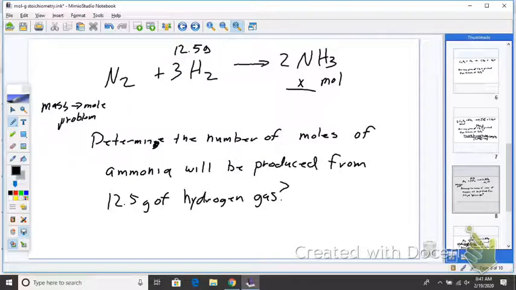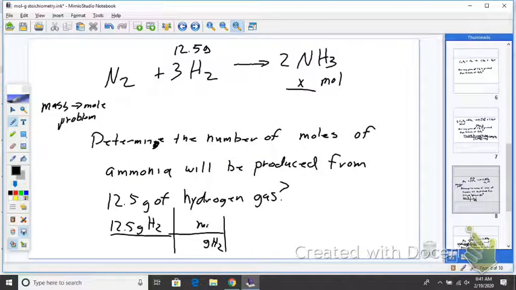Okay. So you tell me what I need to start with. 12.5 grams of H2. What's my next step? How many grams are in 1 mole? So grams of H2 to what? Moles of H2. Why do we got to get moles of H2?